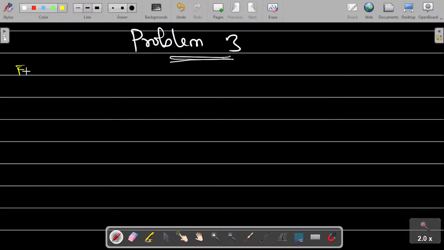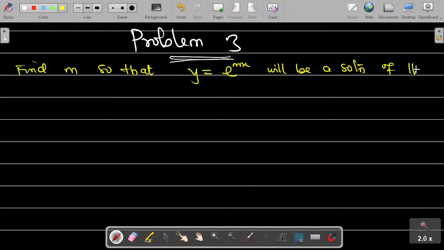Find m so that y equal to e to the power of mx will be a solution of the equation.